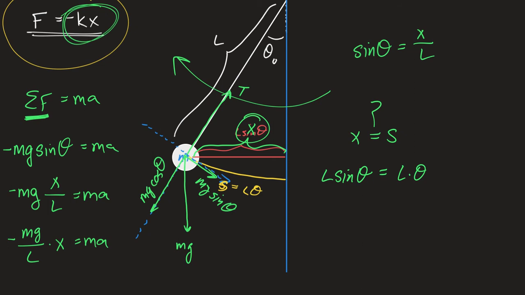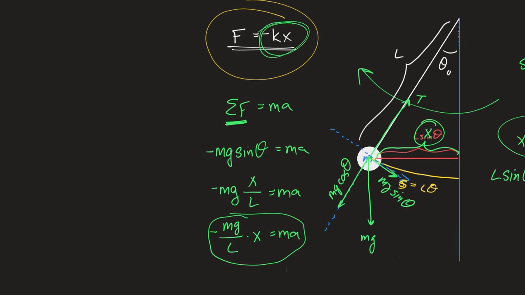How many of you have heard about the small angle approximation? Not enough of you. If this is true, this is a decent approximation. And here's the important thing, what I was trying to get to all along.